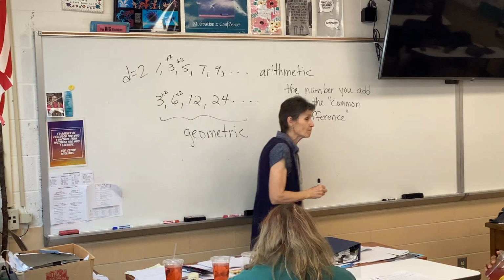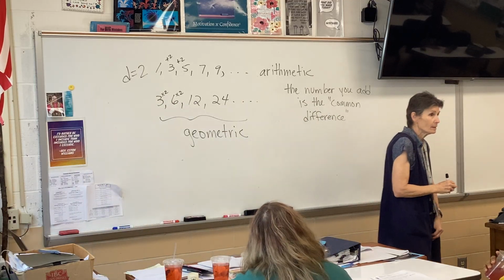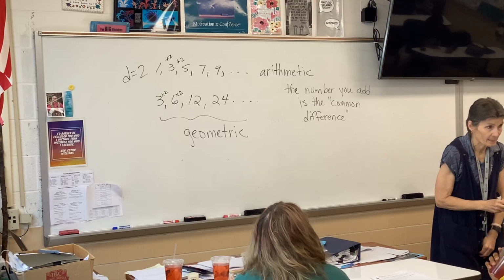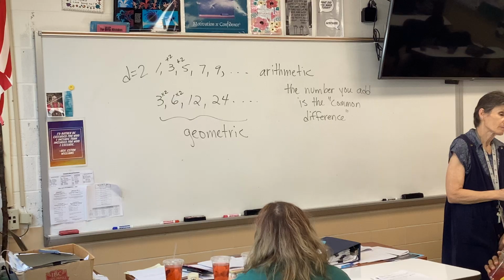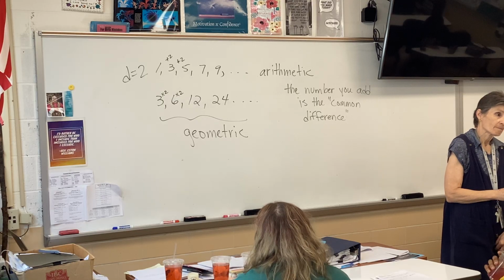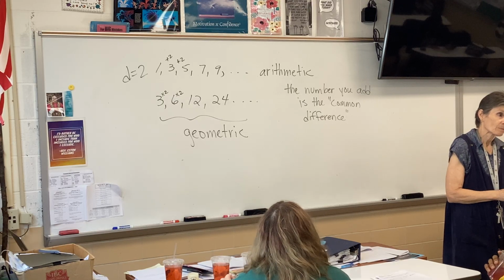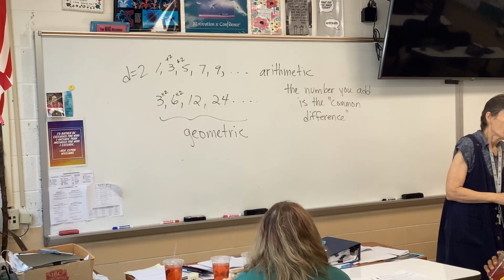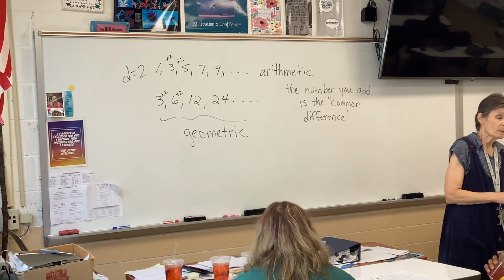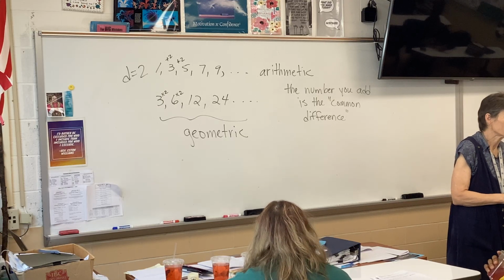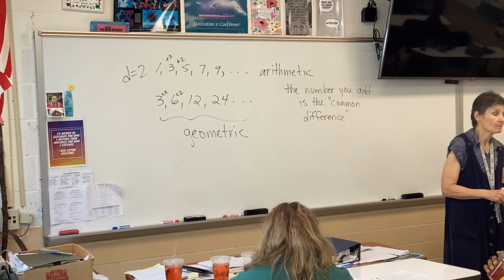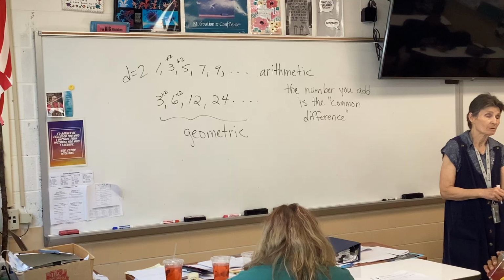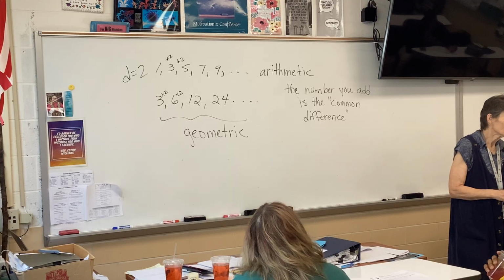So you get from term to term by multiplying by the same number. Obviously, if we multiply by a number like 1/2, our terms will get smaller. They don't have to be getting bigger, they can be getting smaller.